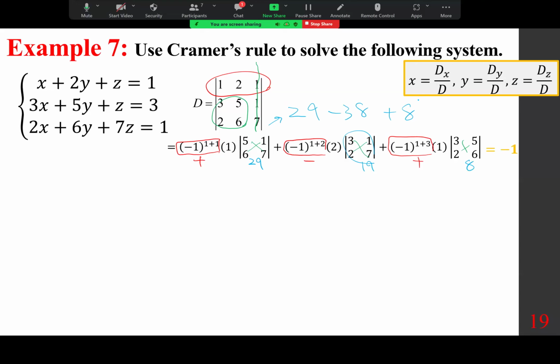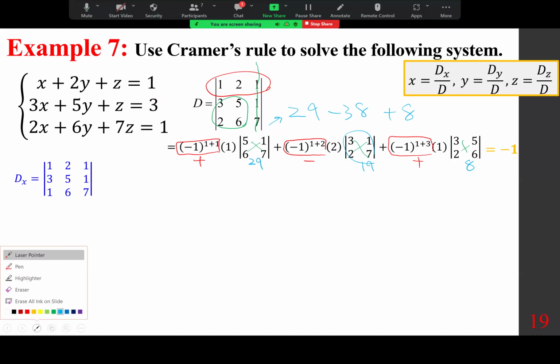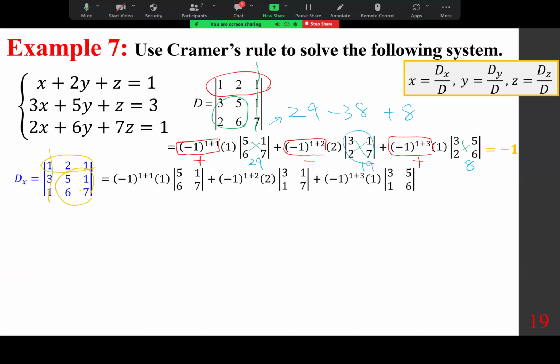For d sub x, this first column changes to this constant column. And again, when you want to expand it with respect to this one, for example, the first one becomes 1 times this, and you can figure out the rest.